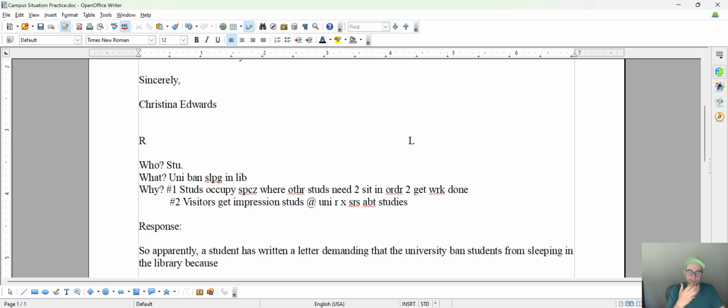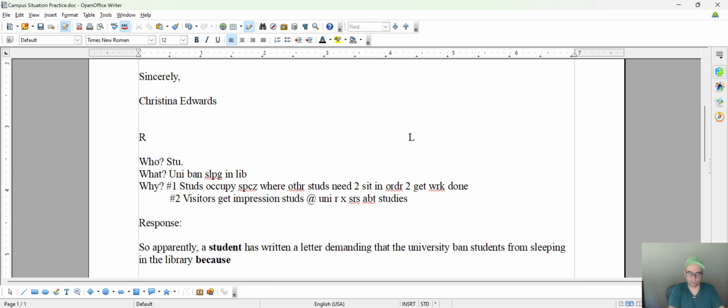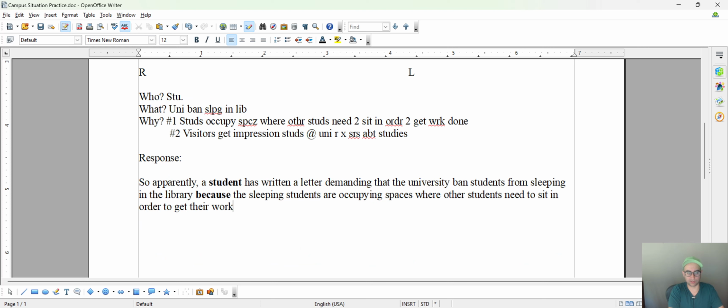But when you speak, not only are you gonna have this who plus what, who and what do they want, right? You're also gonna have the reasons for why they're proposing this, suggesting this. Because students are occupying spaces where other students, and we can say this because the sleeping students, this would be more specific. The sleeping students are occupying spaces where other students need to sit in order to get their work done.